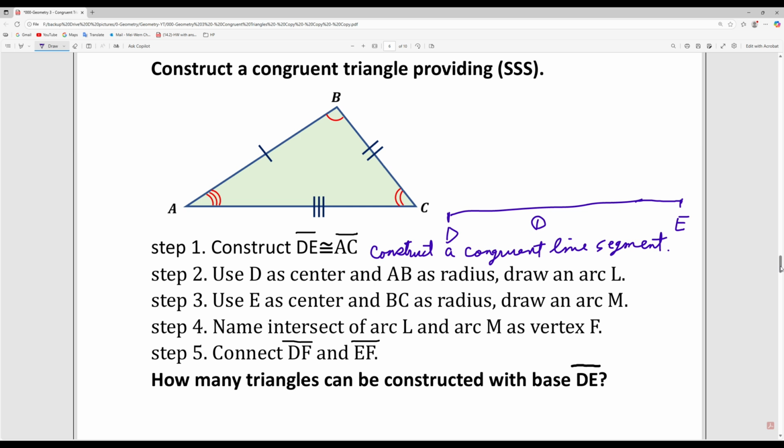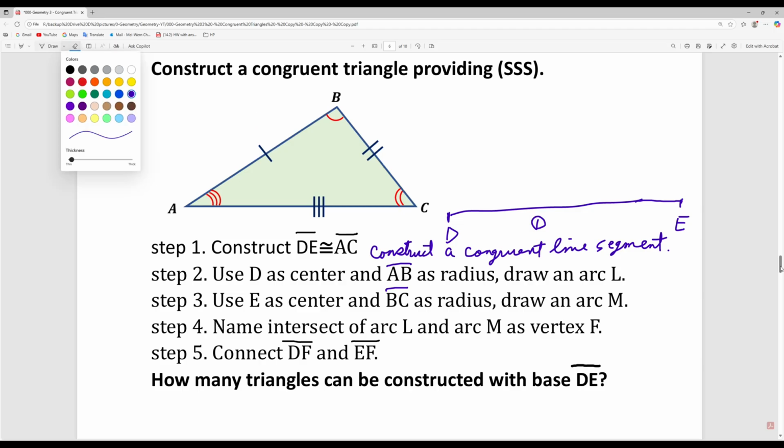And then step 2, use D as a center and AB as a radius. So radius here, radius 1. Draw an arc L. Okay, let me change the color, so the 2 arcs have 2 different colors.